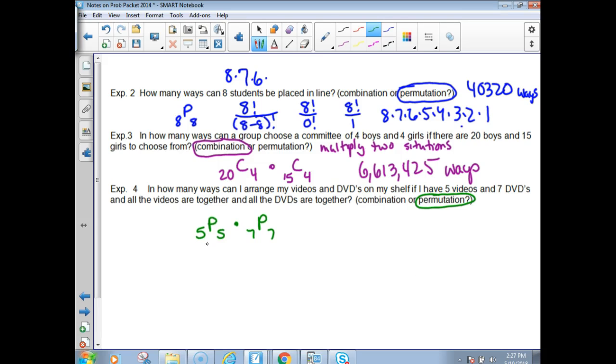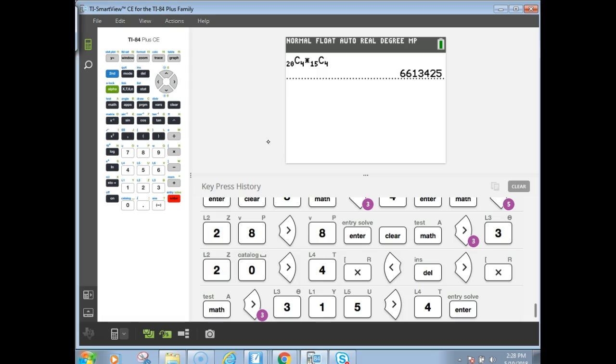Now you can do this with the probability under math probability, or you could actually think this one out like this. How many ways can you arrange the videos? Well, the first video would be 5 ways, second 4. This can also be done by the counting principle. 5 times 4 times 3 times 2 times 1, and then you'd multiply that by 7 times 6 times 5 times 4 times 3 times 2 times 1, but clearly it's faster if you use your calculator.